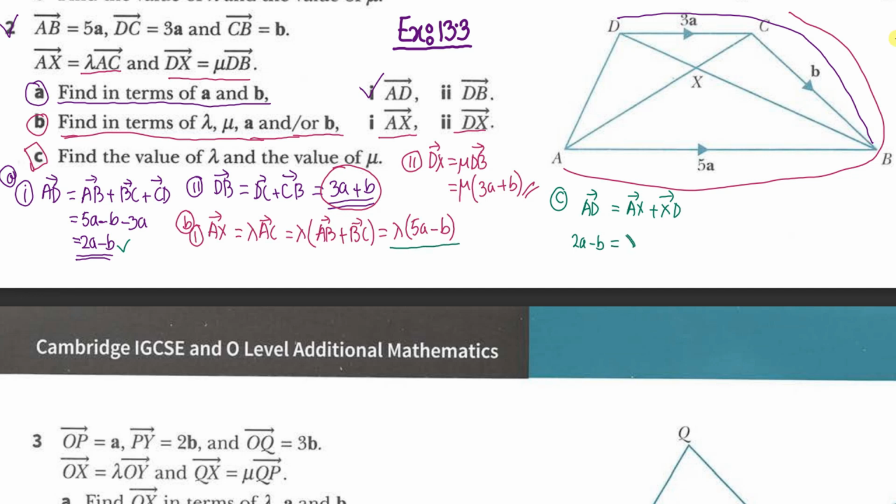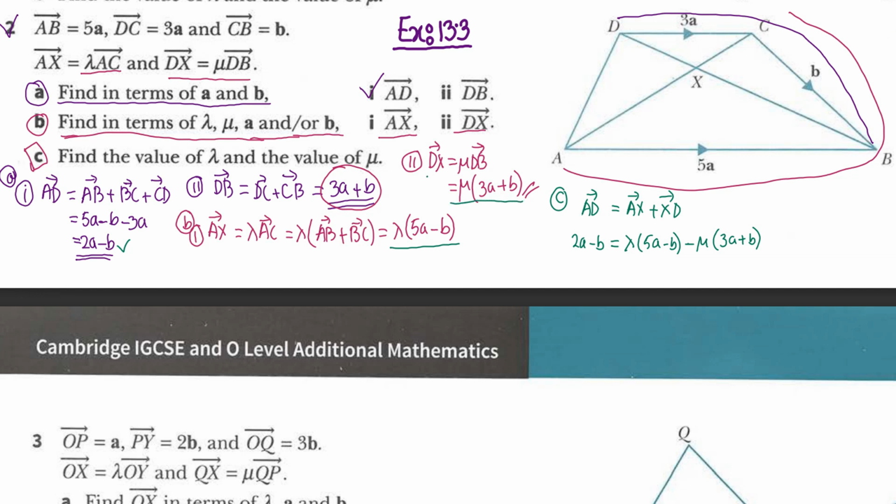Let me write lambda (5a minus b) plus XD. But we got the value DX, we just needed to apply a minus sign in front of it to make it XD. So let me write XD, extremely sorry, minus mu into (3a plus b). This is the value of XD because we got it as DX.